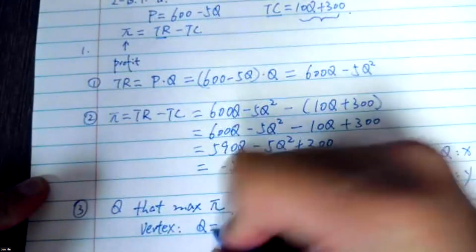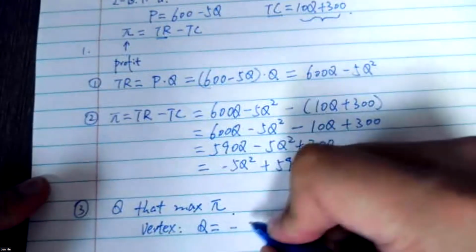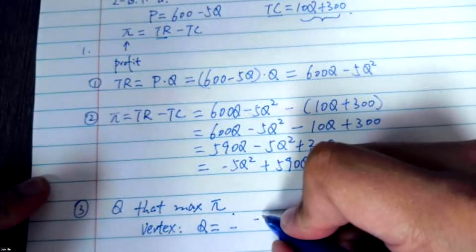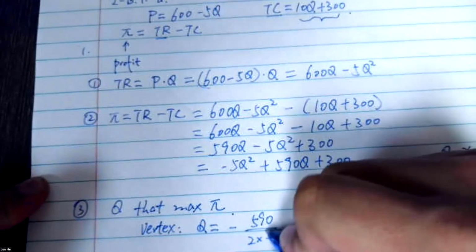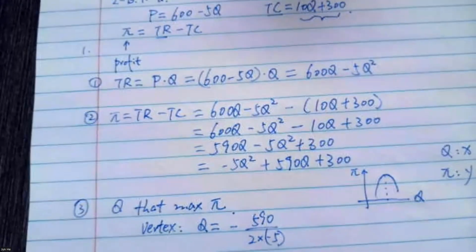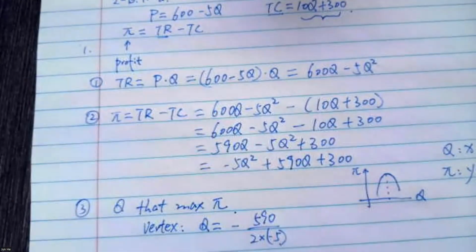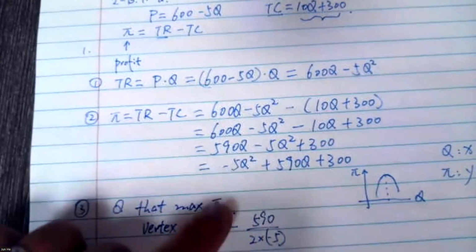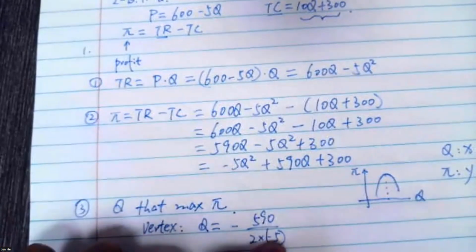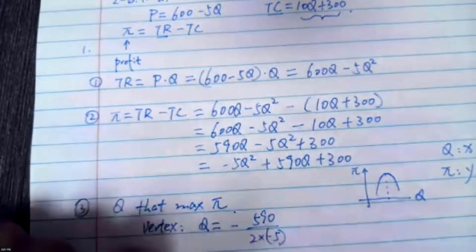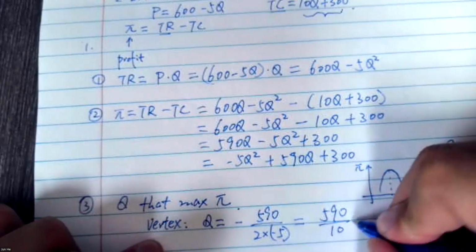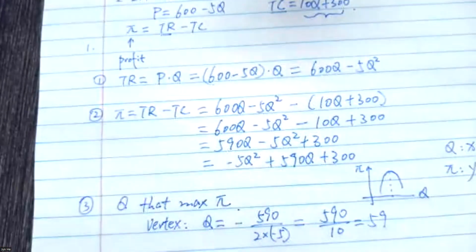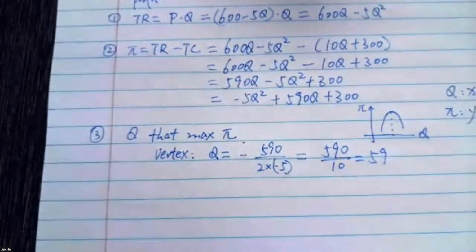That is when Q equals minus b over 2a, where b equals 590 and a equals minus 5. So minus b over 2a. Okay, so that is 590 over 10, 59. So when Q equals 59, it's the maximum.